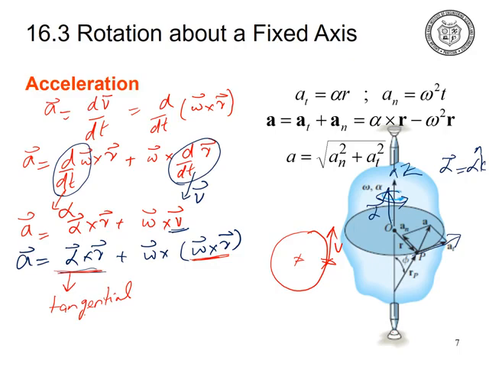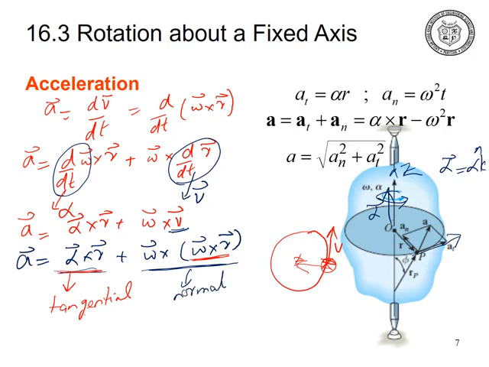When you take the cross product of omega with this v, your thumb points in the inner direction. This inner direction is normal to the circle, or normal to the path. So this acceleration term is showing you the normal component.